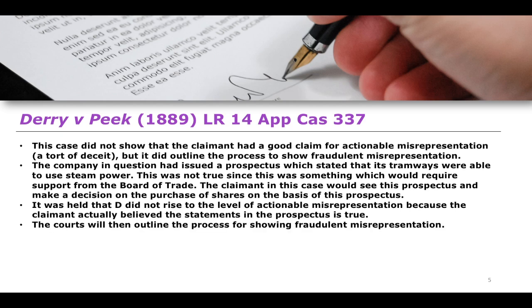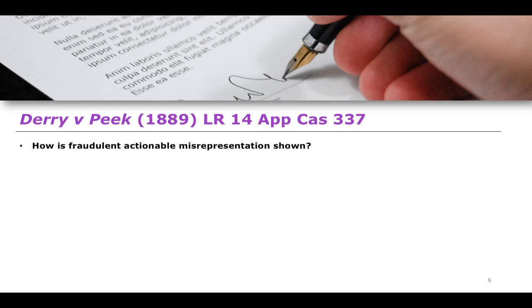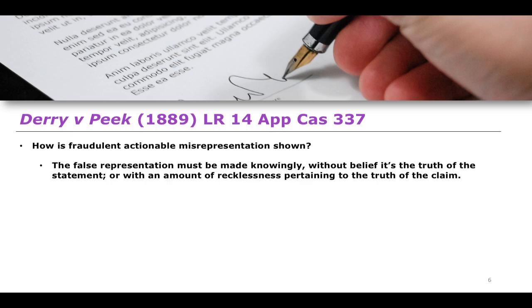And so the courts went about the process of outlining instead the process of showing fraudulent misrepresentation. How is fraudulent misrepresentation shown? Well, the false representation must be made knowingly. It must be made without belief in the truth of the statement, or with an amount of recklessness pertaining to the truth of the claim.